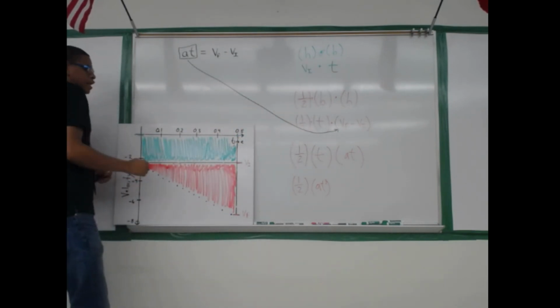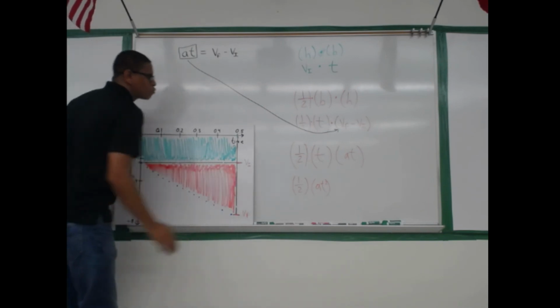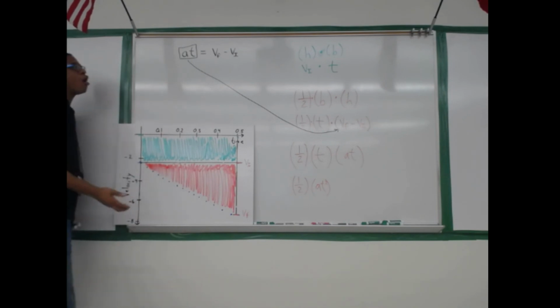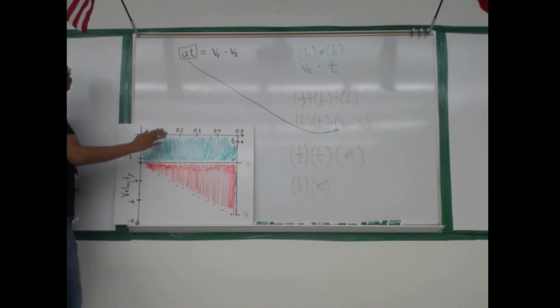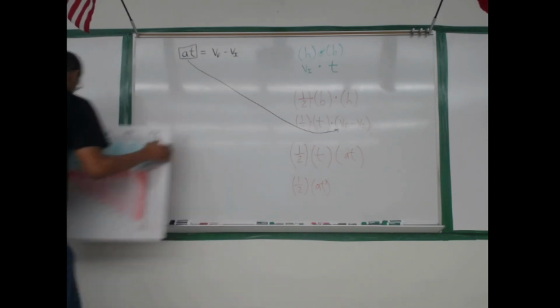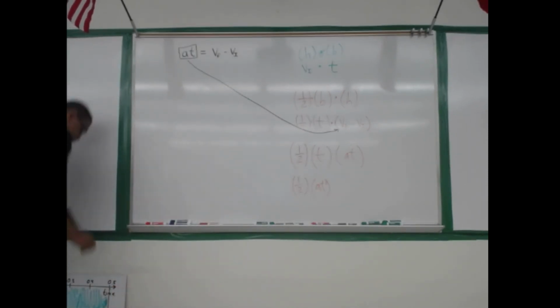And I think you guys should see where I'm going with this. In order to find the overall displacement, all we will need to do is to add the area of the rectangle to the area of the triangle. So I'm going to do that now.